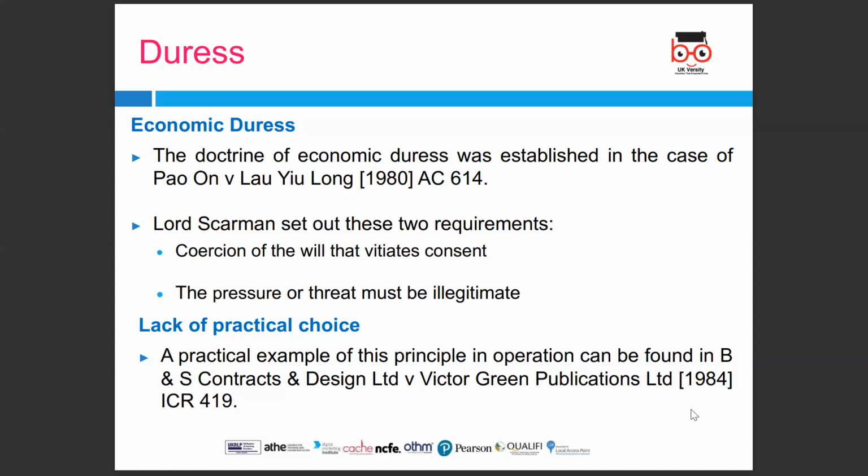Legitimate economic pressure can be recognised as a useful negotiation tool, and the courts risk going too far with the scope of economic duress. In the case of Pao On, 1980, the plaintiffs in this case owned the shares of a private company which owned a building that the defendants wanted to buy. The defendants were majority shareholders in a public company. P agreed to sell their shares in the private company to D so that D could acquire the building.